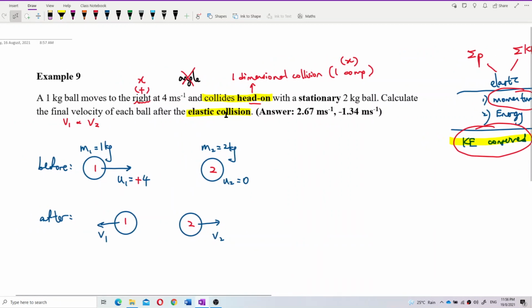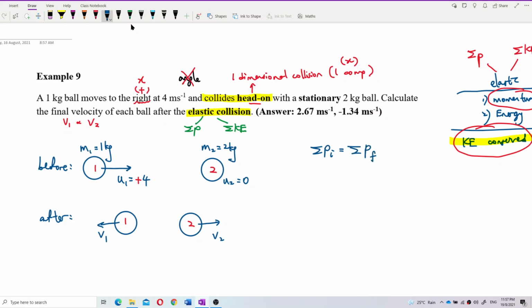That's why he tells you this one is an elastic collision, so that he wants you to use two formulas. One is for total momentum, another for total kinetic energy. Okay, let's roll. First of all, the total initial momentum will be equal to the total final momentum.